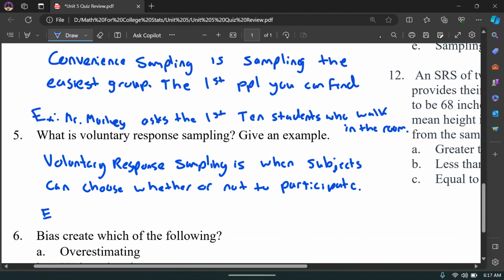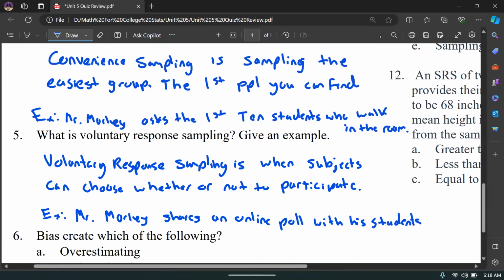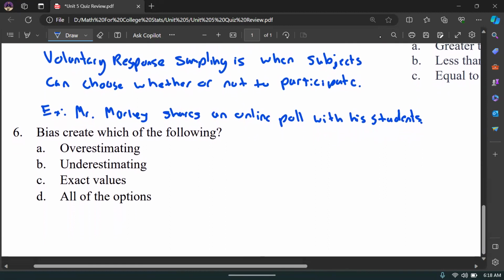An example of this is Mr. Morley shares an online poll with his students. When I do that, if I share an online poll with my students, then some of them will click it and respond, and some of them will ignore it. And so, they're voluntarily participating or not participating. So online polls typically are voluntary.